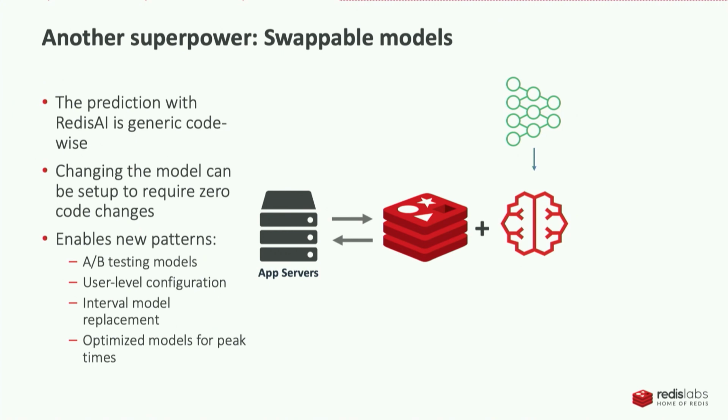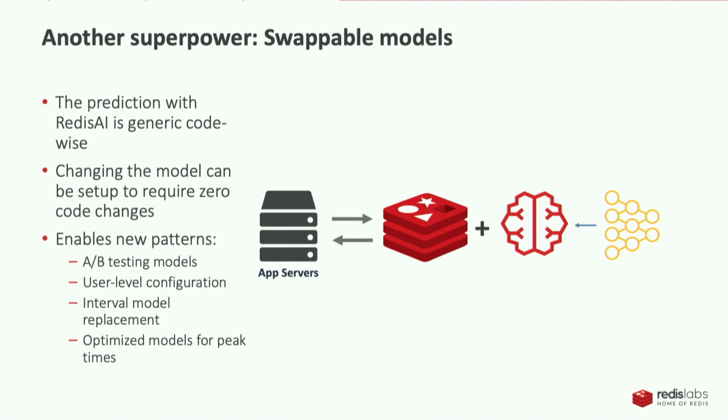If you want to replace your model, you have a new model, you just add it. You can use the same key, or if you have a different version, you can just upload a new model there. You can do your A/B testing, and you can do it at user level.